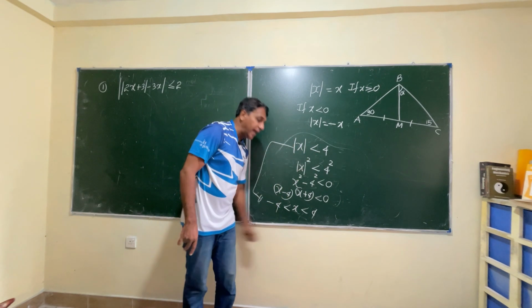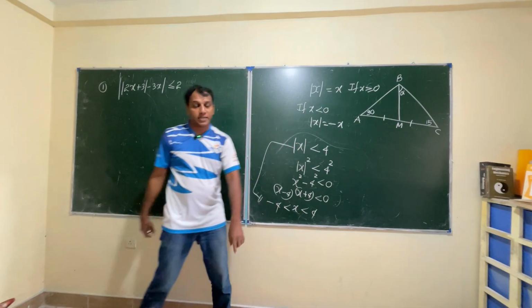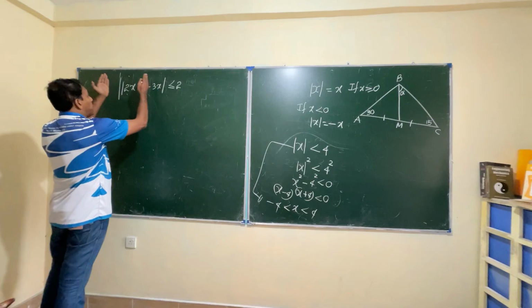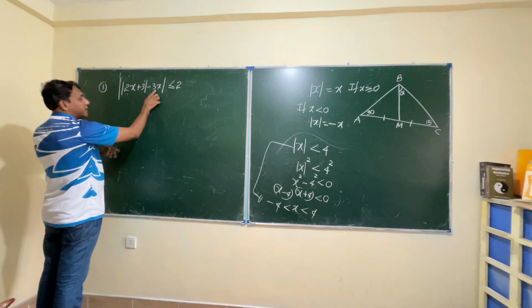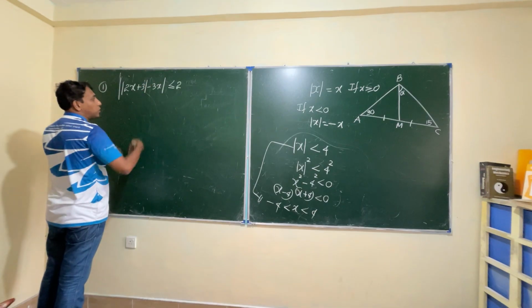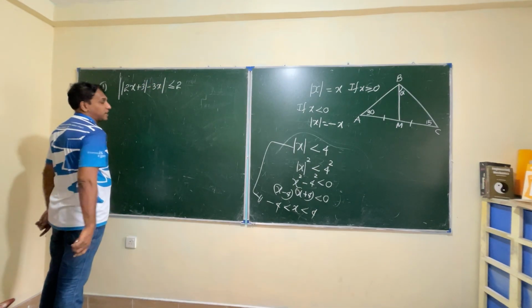So why I explained this is that I try to follow this method here. Come back. See this, a double modulus: inside mod 2x plus 3, modulus negative 3x, completely modulus, less than or equal to 2. I remove the big modulus first.